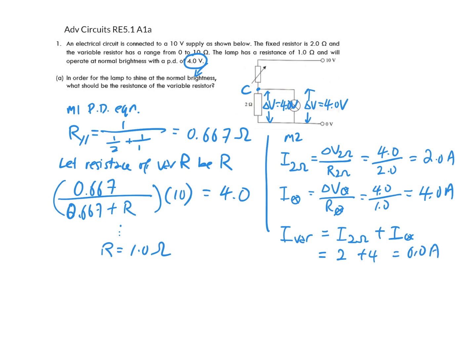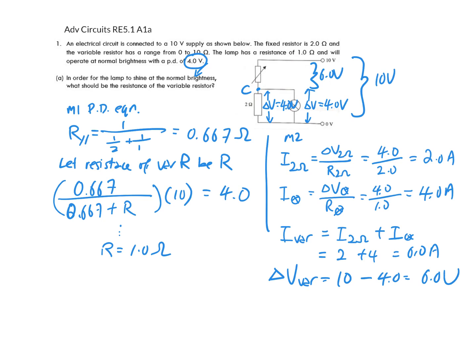Now finally, the voltage across this variable resistor is the full 10 volts minus the 4 volts, and this should give us 6 volts. The whole circuit here has 10 volts of EMF across it, and since the variable resistor is connected in series with the rest of the circuit, the shortfall will be 6 volts over here.